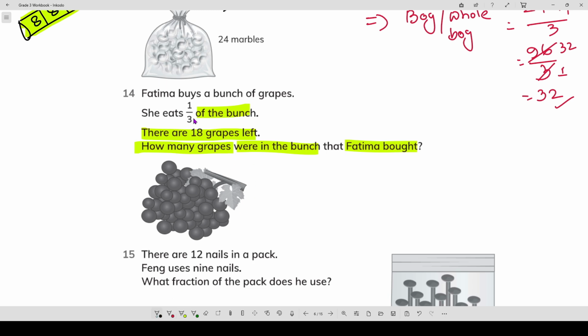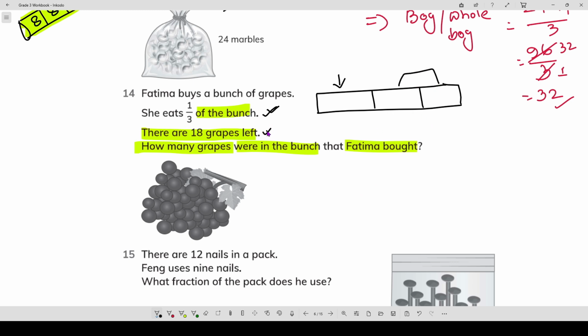Now she eats 1/3. Okay, 1/3 she already took. So let's consider this is the total thing, this one and this one. She took 1/3, it means this one she took, and this one is left.